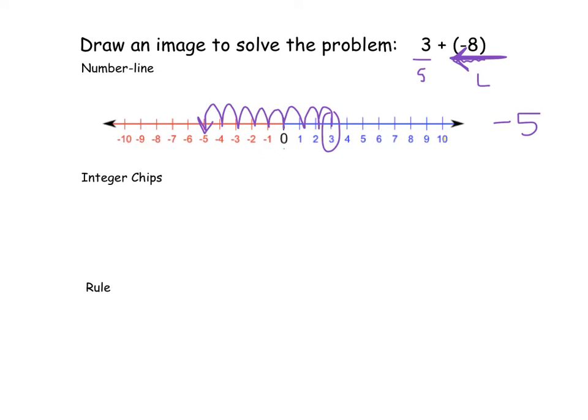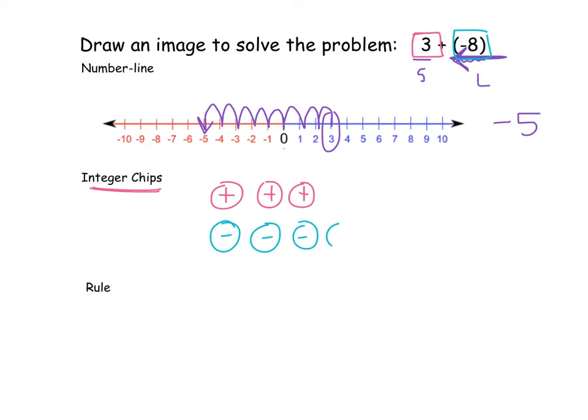If you prefer the visual of integer chips, we think about our two numbers kind of separately. My first number is a +3, so I have 3 chips that are positive. My second number is a -8, so I draw 8 chips that are negative. 4, 5, 6, 7, 8.